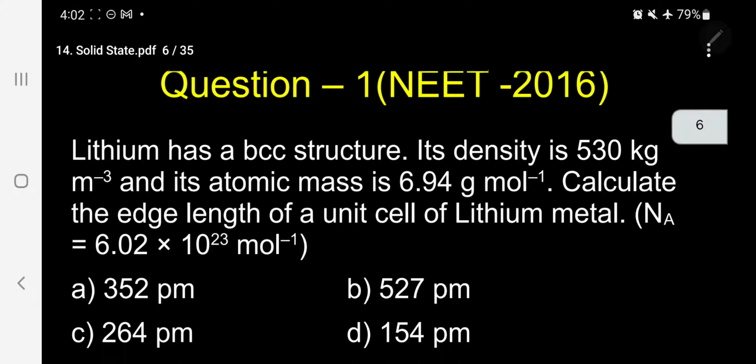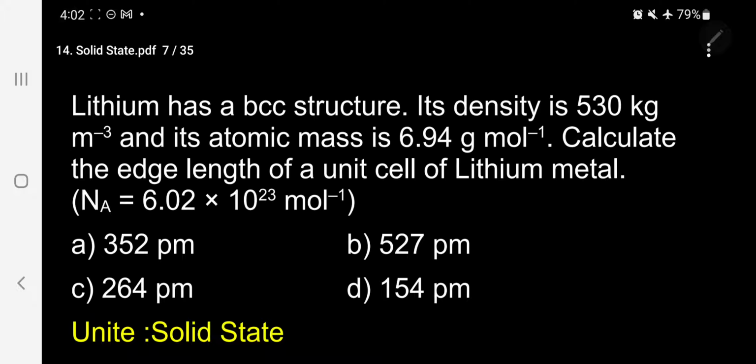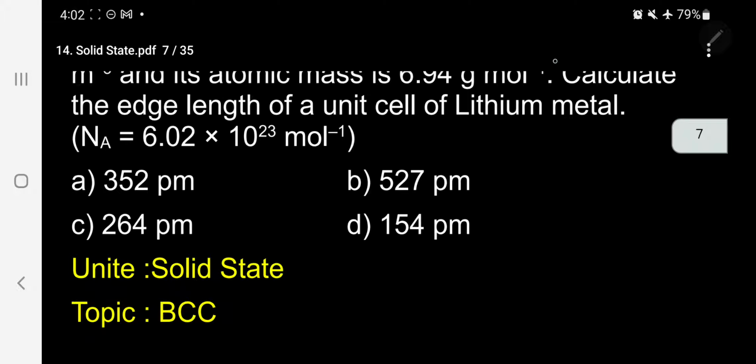As usual, this question was asked from the unit, kindly follow, solid state, and specifically under the body-centered cubic lattice. Our syllabus includes cubic lattice. There are 3: simple cubic lattice, body-centered cubic lattice, and face-centered cubic lattice.